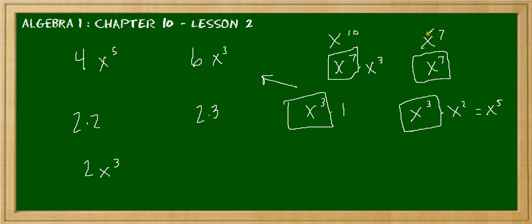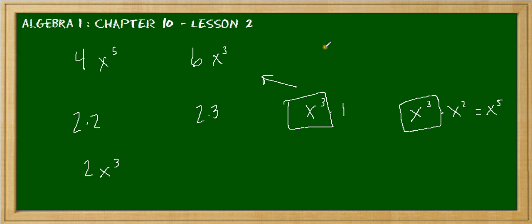Okay, so if you have two numbers, you take the exponent that's the lowest. If I had 3 different ones, again, we're just pausing here, just showing, let's add x to the 7th power, and let's add x to the 5th power, and then I have x squared. What's the greatest common factor? It's always going to be the smallest one, x squared.